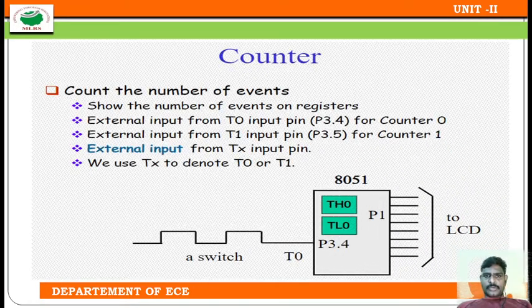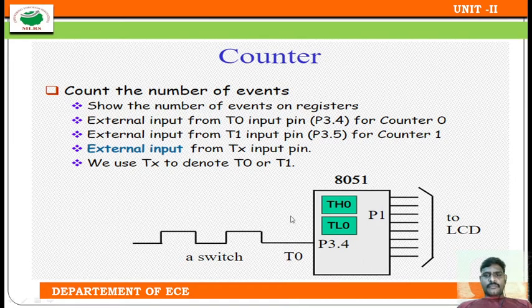In a similar manner, a counter counts a number of events or a number of clock pulses which are fed as an input. If you see in the diagram, we are counting a number of squares. A switch is connected to P3.4, so it counts how many times it is turned on and turned off.